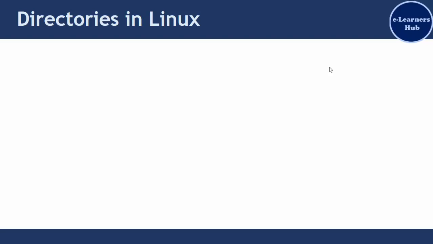Linux follows a virtual directory structure. Root is the main directory that is considered the system directory, and all the files and folders come under this directory.